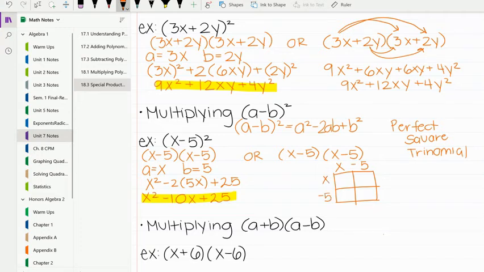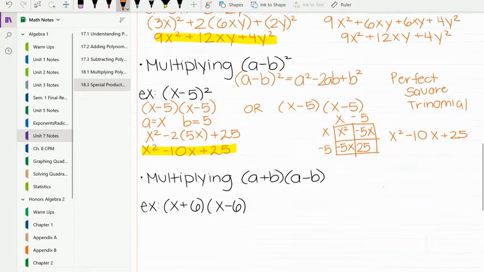In the first box, it's x times x, which is x squared. Then it's -5 times x, which is -5x, and x times -5, which is -5x, and -5 times -5, which is 25. So it'd be x squared minus 10x plus 25. You'll see we end up getting the same thing.